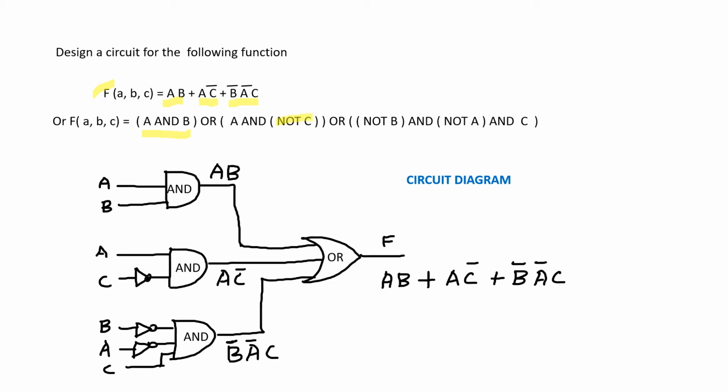So we put that in a bracket, and the result of NOT of c is ANDed with a, and there is an OR following that. You can notice that NOT of b and NOT of a have to be performed first, so those operations are put within brackets: NOT of b within a bracket, AND NOT of a within a bracket, AND c.